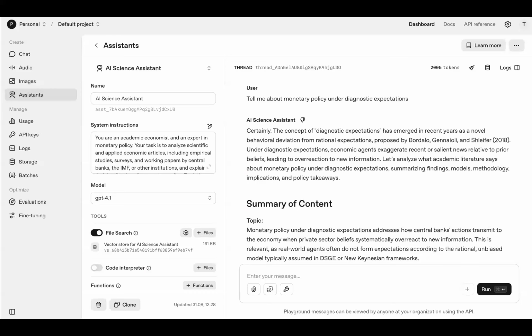You can provide texts, provide some instructions, choose a model, provide system instructions, and this AI assistant will provide you answers based on the set of texts and different materials that you upload to it. Here you see that there is a file search function that is enabled.